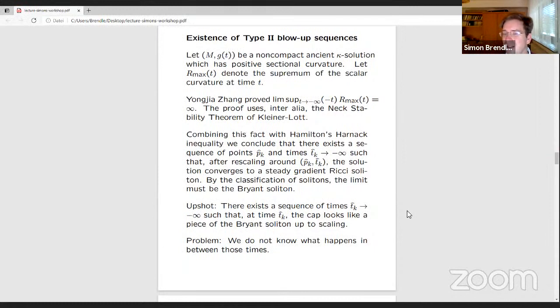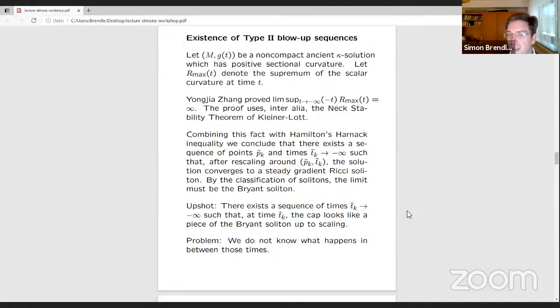That's quite a non-trivial argument because it uses the Harnack inequality, which is a deep result. But basically, this has been known since the 90s: if you have this type 2 behavior, then you can produce a limit where the scalar curvature attains its space-time maximum, and then the rigidity statement in the Harnack inequality will tell you that it has to be a steady soliton.